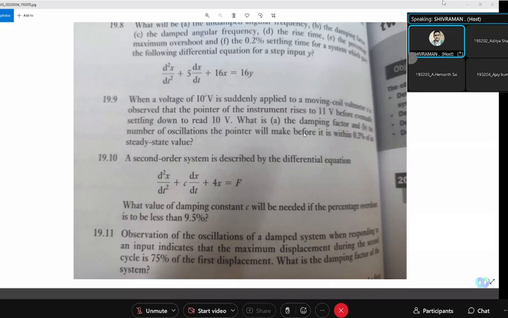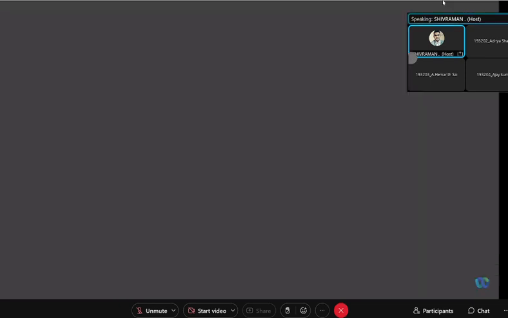So we have to calculate the damping factor and the number of oscillations the pointer will make before it is within 0.2% of its steady state value. From here, it should be 2%, not 0.2%. So we have to find the damping factor and the number of oscillations. So let's try to solve this.